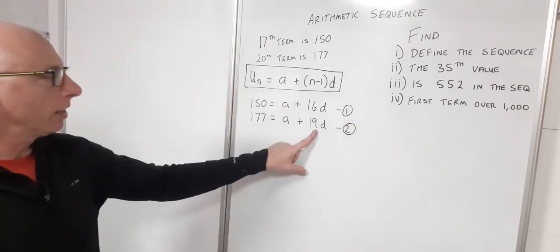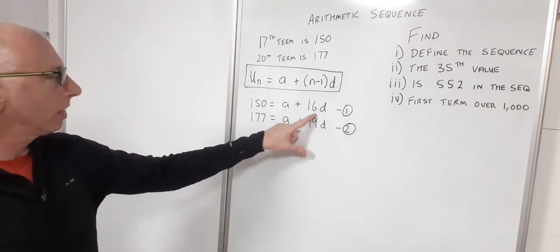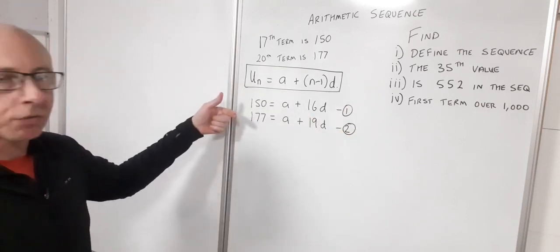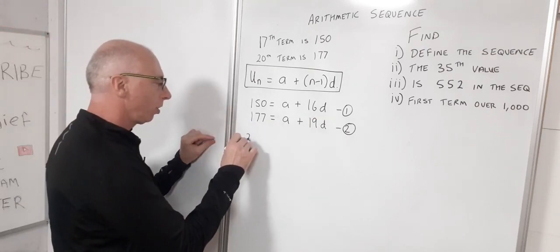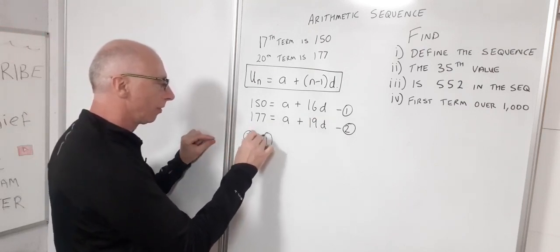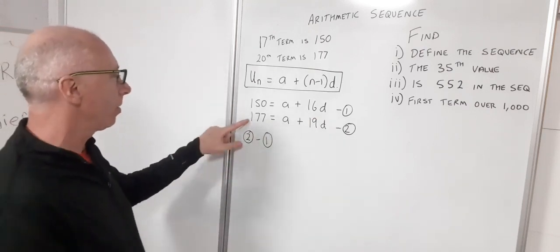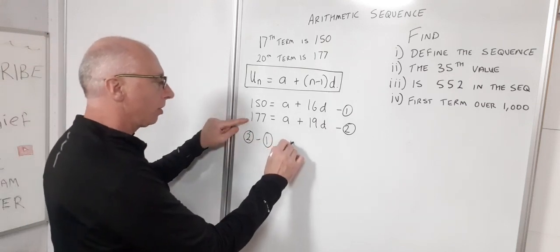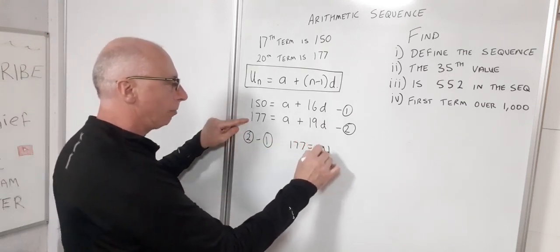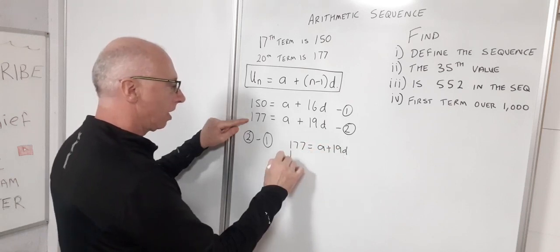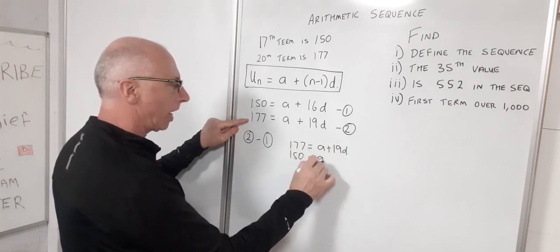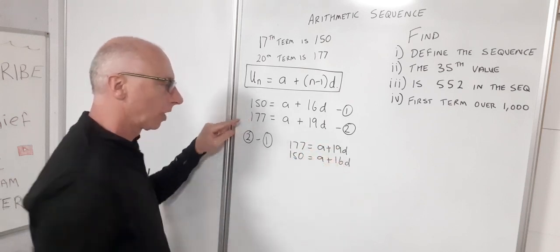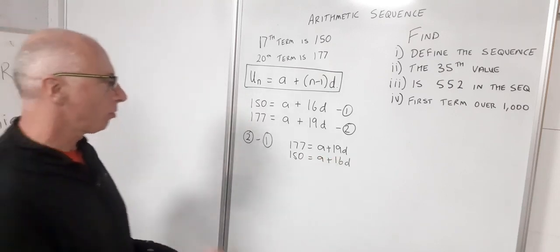As 19D is bigger than 16D, I'm going to subtract 1 from 2, so 2 minus 1. So let's set that up: 177 equals A plus 19D, and 150 equals A plus 16D. Now let's subtract.